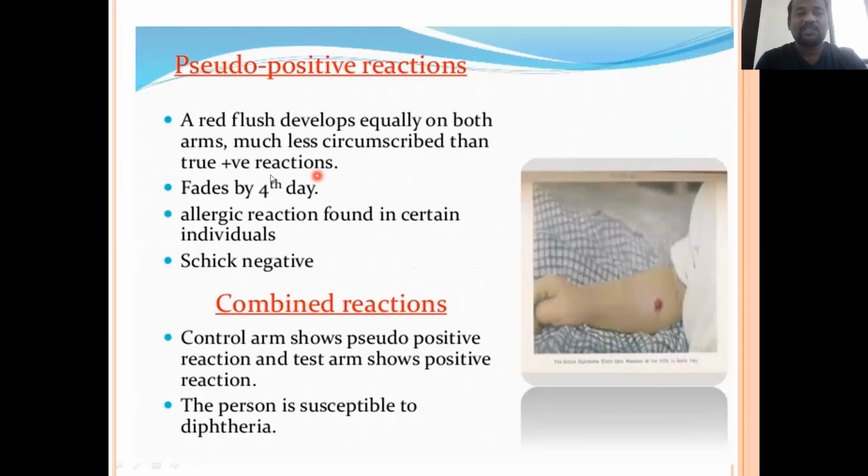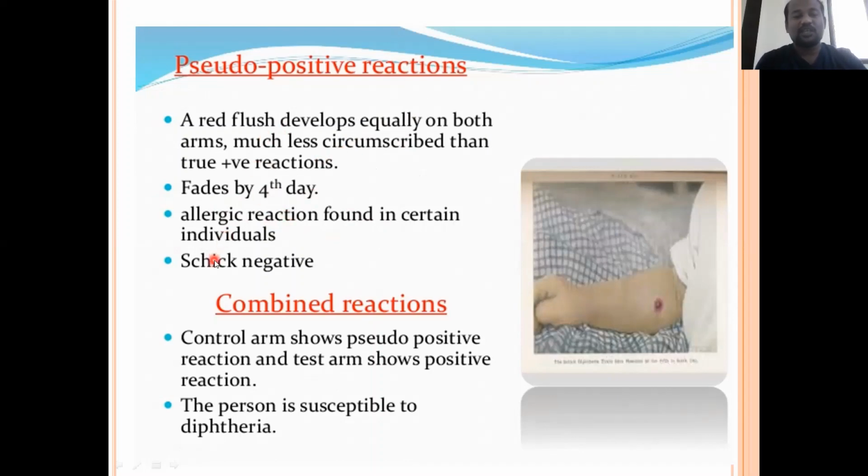Pseudo-positive reaction means that in the test arm, the swelling or circle of hypersensitivity reaction is less than the true positive reaction. If the circle of swelling is less than 10 to 50 millimeter diameter, that is the pseudo-positive reaction. If it fades by the fourth day, then it is an allergic reaction found in certain individuals.